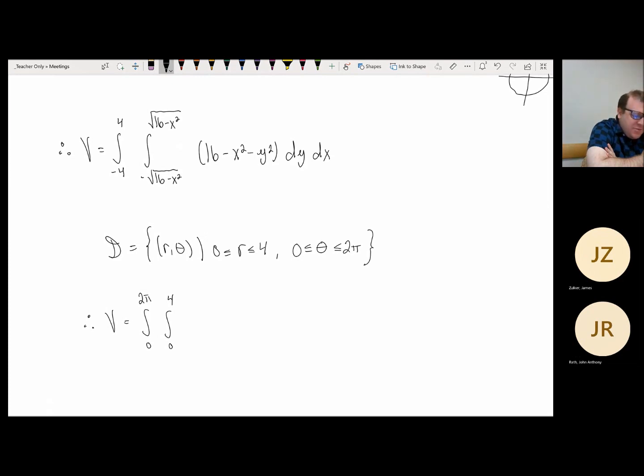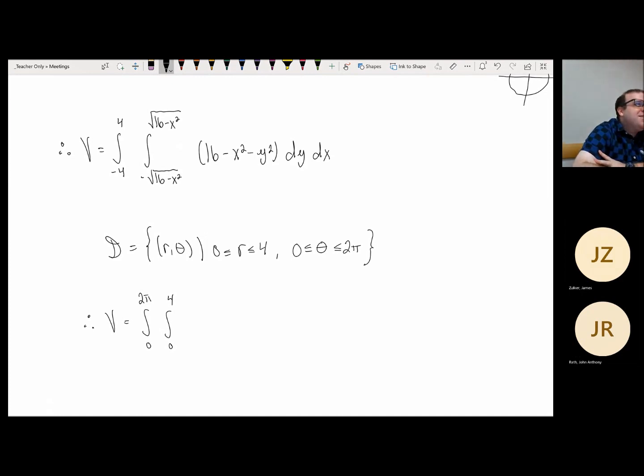So our volume now becomes integral 0 to 2 pi, integral 0 to 4. We now need to convert the integrand, 16 minus x squared minus y squared, into a polar function. A polar integrand. Well, that should be easy to do, right? What is it? You just told me it was easy. 16 minus r squared cosine squared theta.